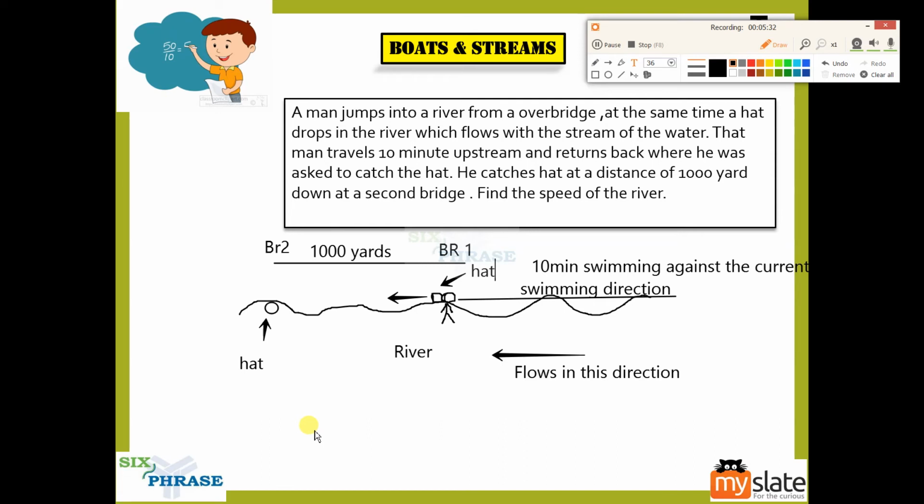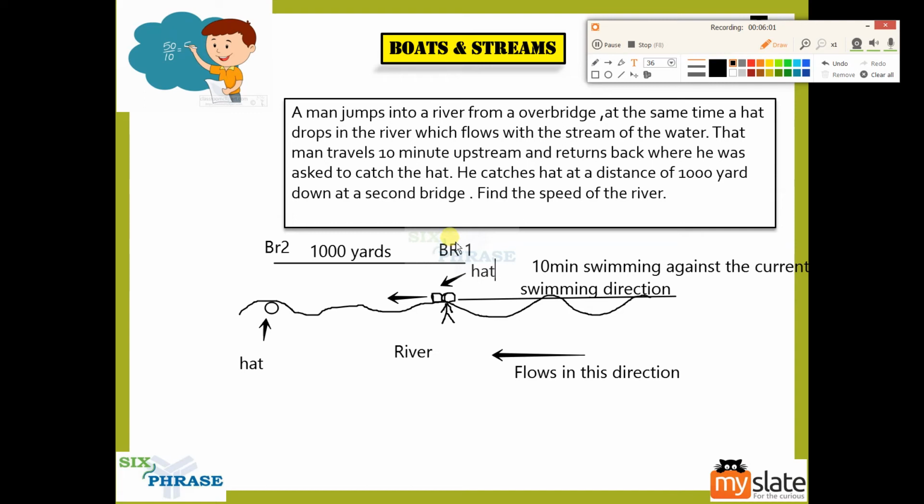See, you have to find the speed of the river. Now the river is flowing in this direction, some speed we don't know. That is what we have to find. But when it is given like this, you have to understand something very important: we have bridge 1 here, bridge 2 here, and a hat here.